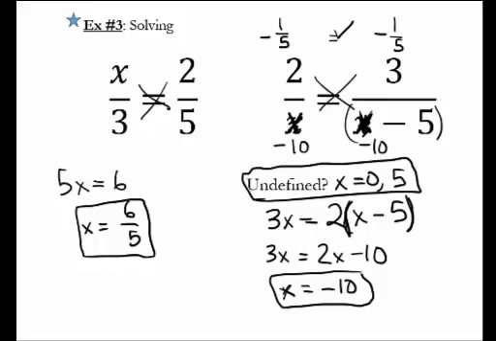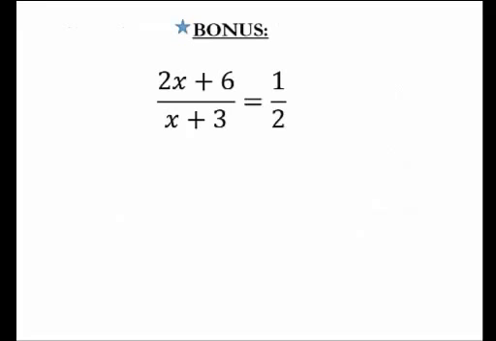Now, to close off, let's just do a quick bonus one, right? Look at this equation. Looks like we can set it up as proportions, let's cross multiply, so forth and so on, right? Before we do that, let's try to factor the left side of this equation. Now, 2x plus 6 is nothing more than 2 times x plus 3, over x plus 3.